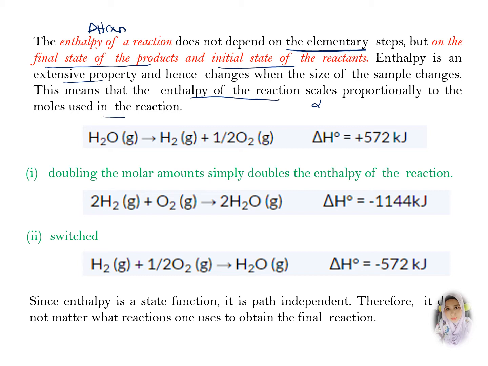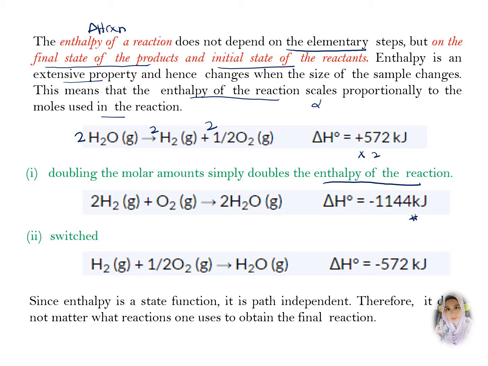Let's say we have this equation, where delta H is equal to positive 572 kJ. Doubling the molar amounts here will also double the enthalpy of the reaction, delta H times 2, so we get this value.